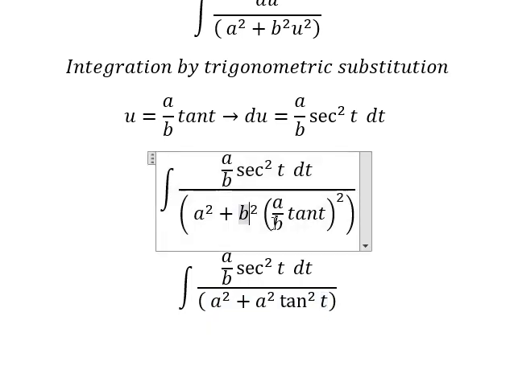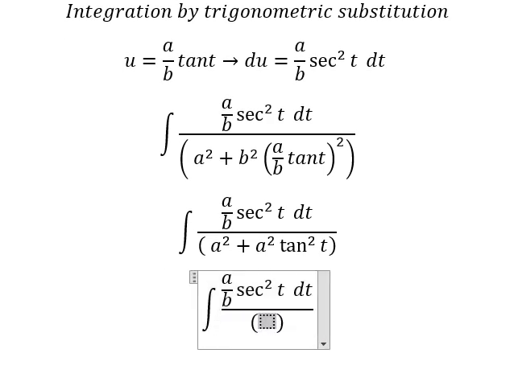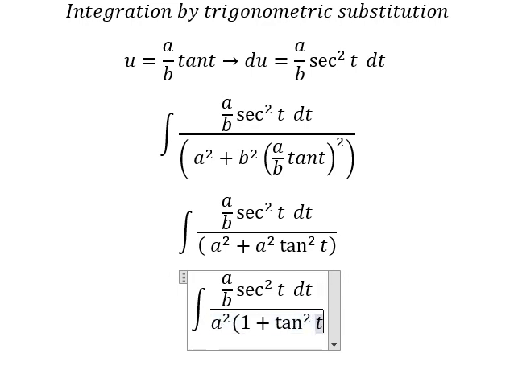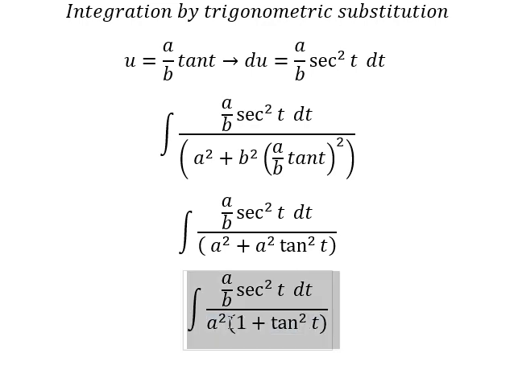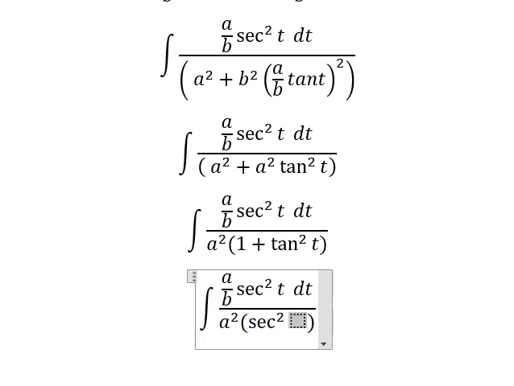Because b square and b square in here, they cancel. A square we can do factorization. This one we change to secant of t square.